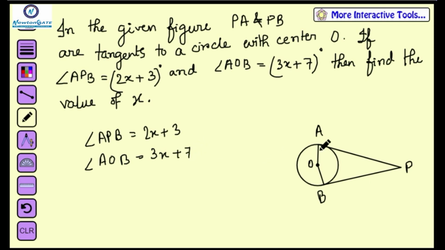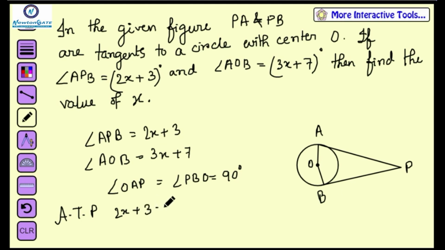Now we know that angle OAP equals angle PBO equals 90 degrees, since the angle between the tangent and radius is 90 degrees. Now we see that AOBP forms a quadrilateral, and we know that the sum of angles of a quadrilateral equals 360 degrees.